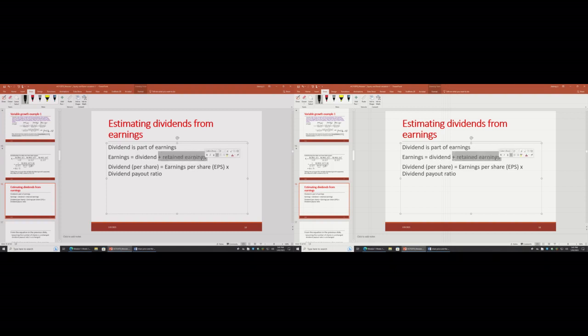Some portion of the earnings is paid out as dividends, and the remaining portion may be retained to support future investment. So we can calculate the dividend using earnings information: dividend equals earnings multiplied by the dividend payout ratio. The dividend payout ratio is the portion of earnings that will be paid out as dividends.